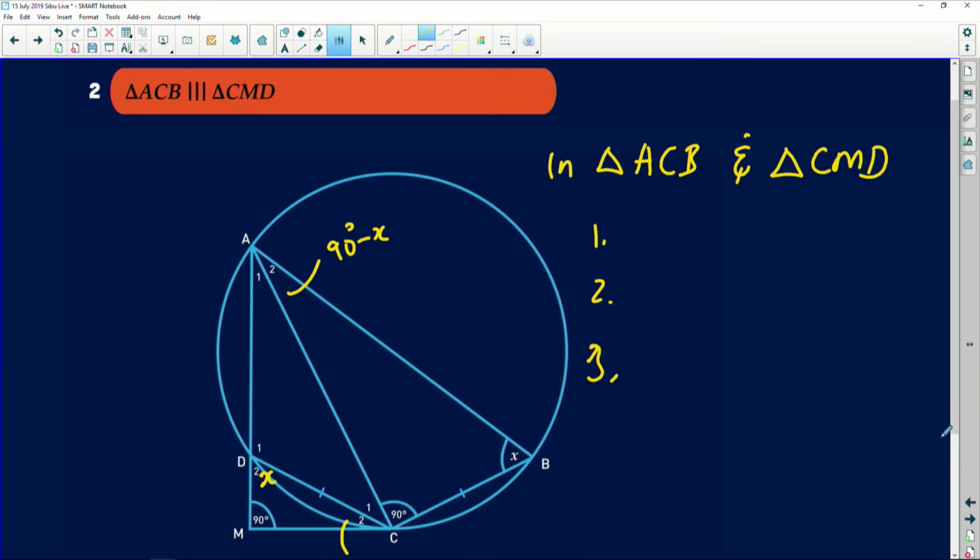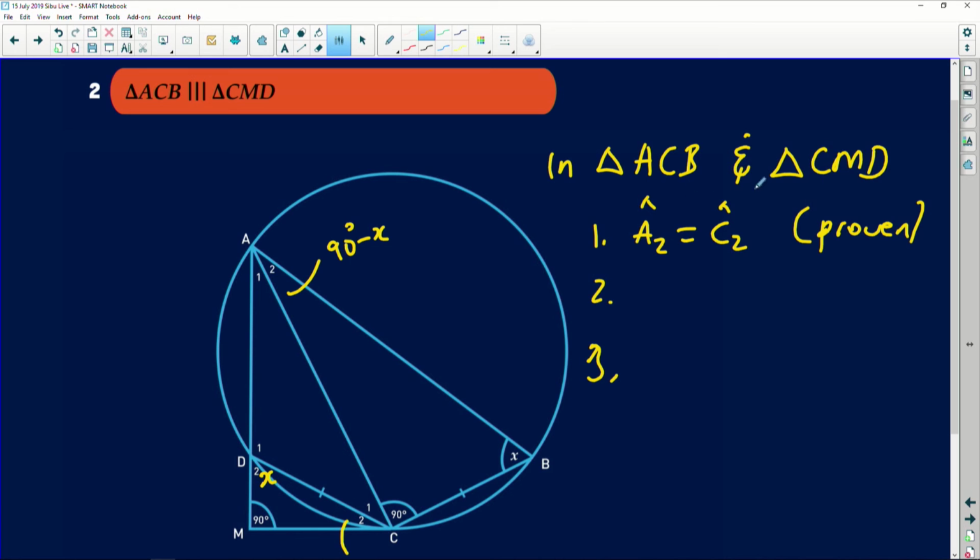All right, let's check now. Angle A in the first triangle, which is angle A2, is equal to angle C in the second triangle, which is angle C2. This has been proven in our calculation above, the one we just did in number 1.